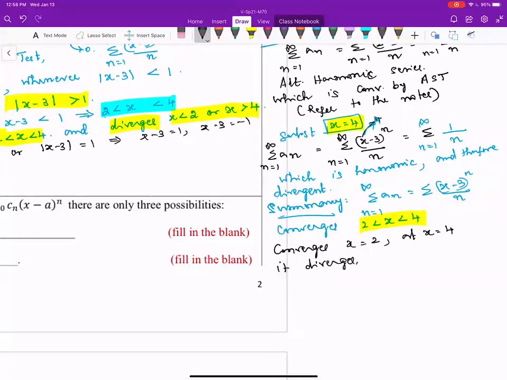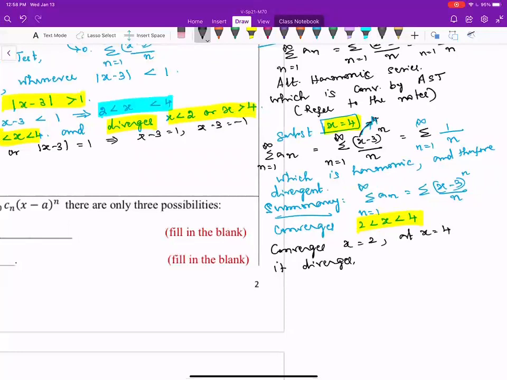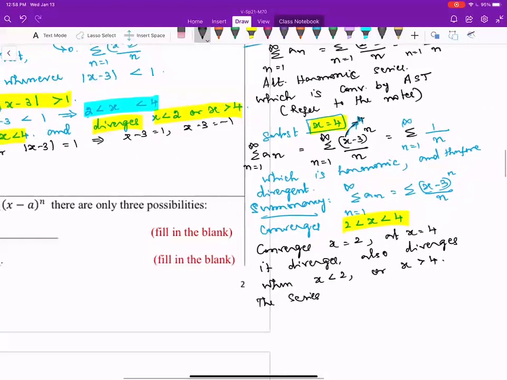And outside of the interval, it also diverges when x is less than 2 or greater than 4. So we can say that the series converges in the interval 2 to 4, inclusive of 2 but exclusive of 4.